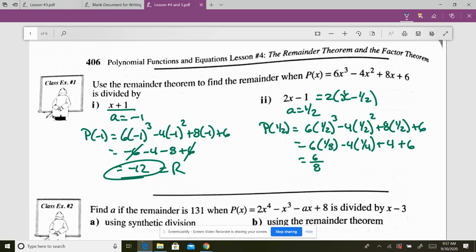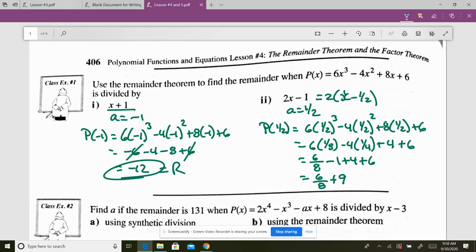Negative 1 in this case because it's negative 4 plus 4 plus 6. 10, that's minus 9. Yeah, totally. So plus 9, 6/8 plus 9.